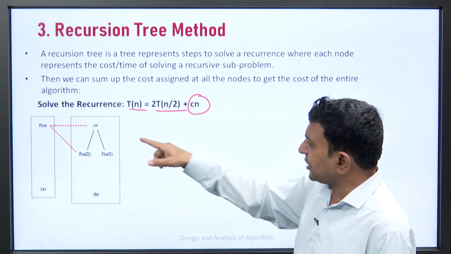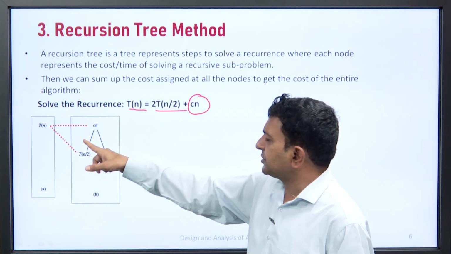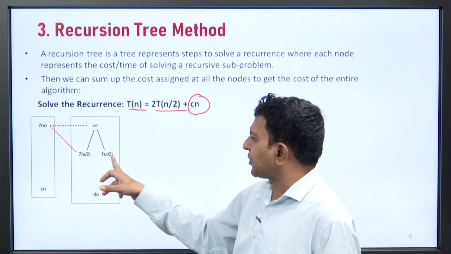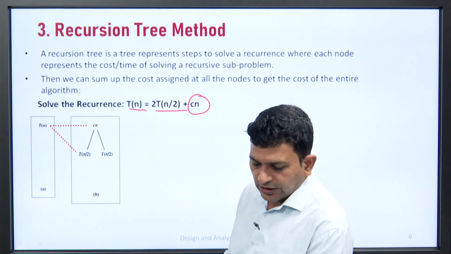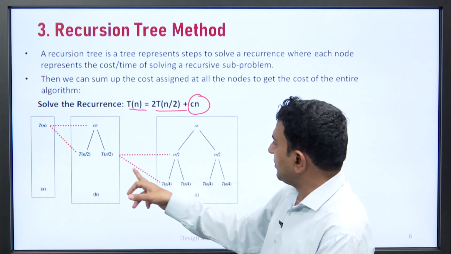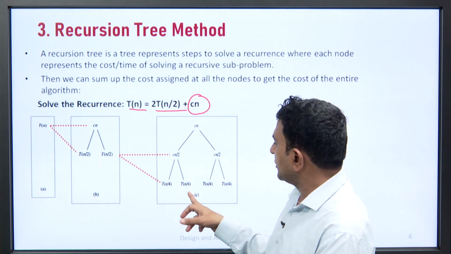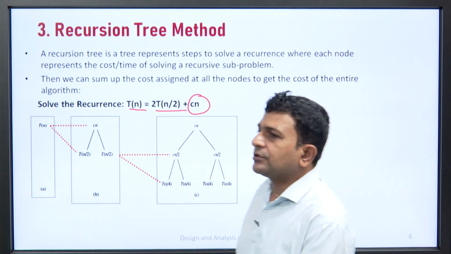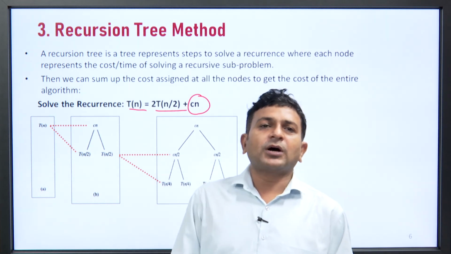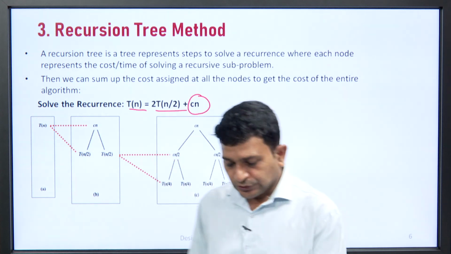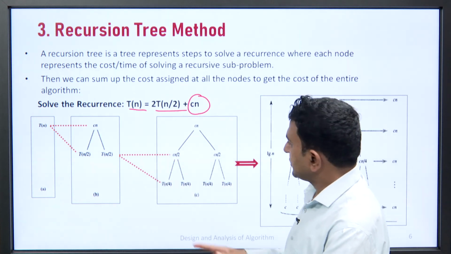Here in this diagram, the T(n) size problem is divided into two equal subproblems T(n/2) and T(n/2). Again each T(n/2) problem is divided into two equal subproblems T(n/4), T(n/4) and so on, till all the subproblems have size 1.